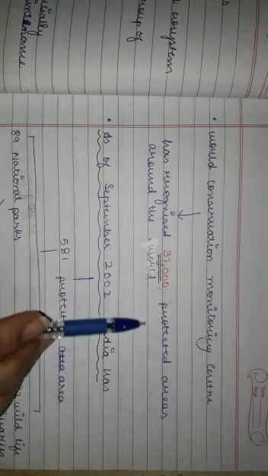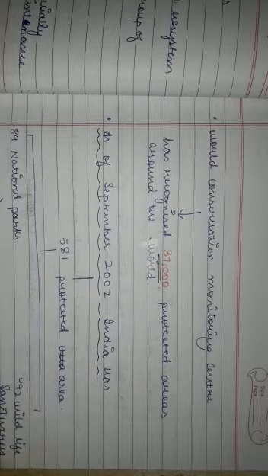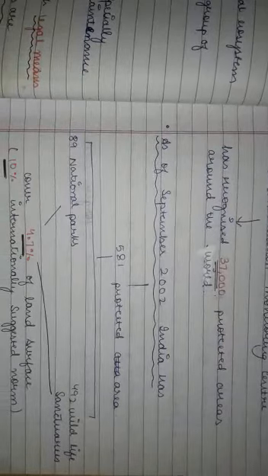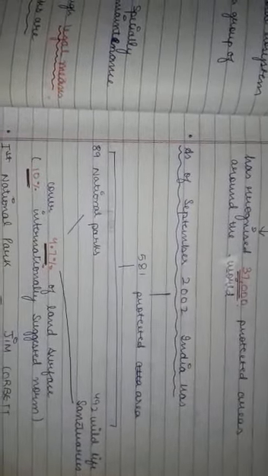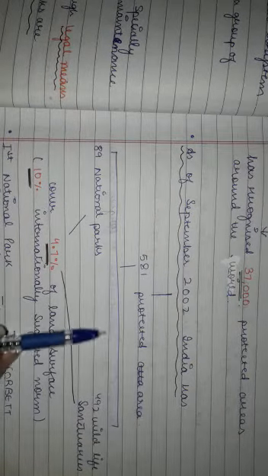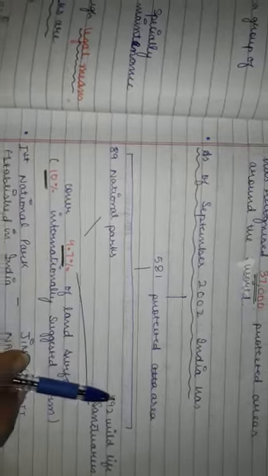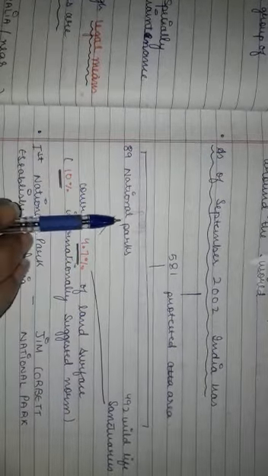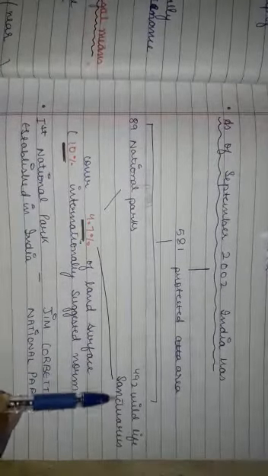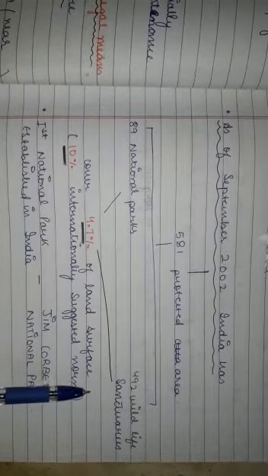The World Conservation Monitoring Centre has recognized 37,000 protected areas around the world, and as of September 2002, India has 581 protected areas, which includes 89 national parks and 492 wildlife sanctuaries.